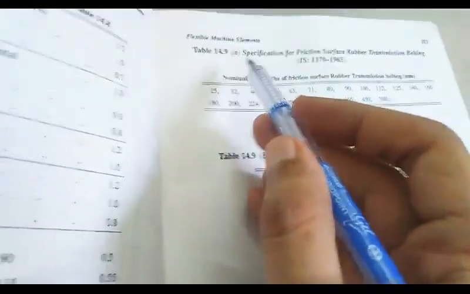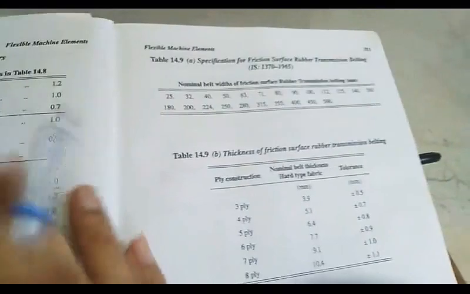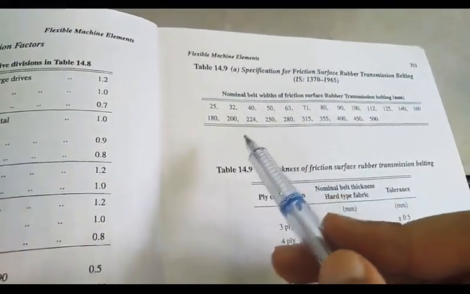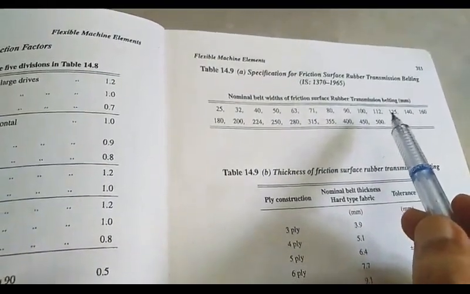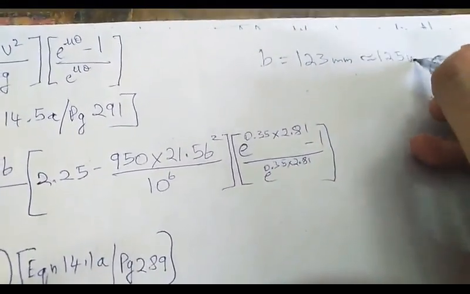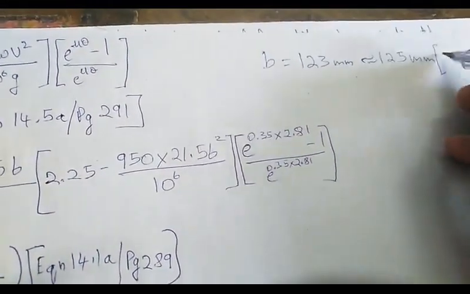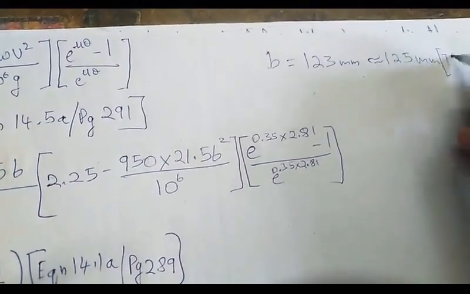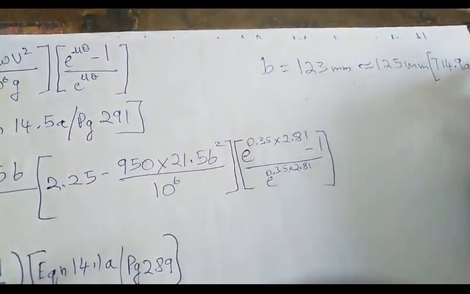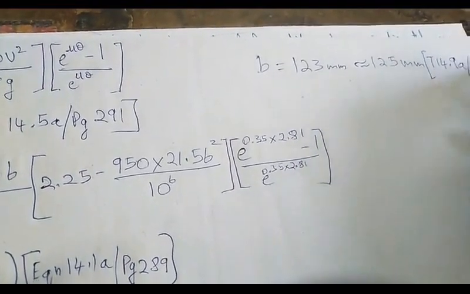Table 14.9A, page number 311. This is the standard table for width. We have got 123 mm, but here there is 125 mm. We shall take it as 125 mm.